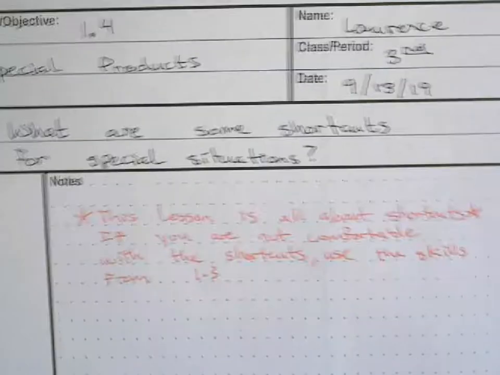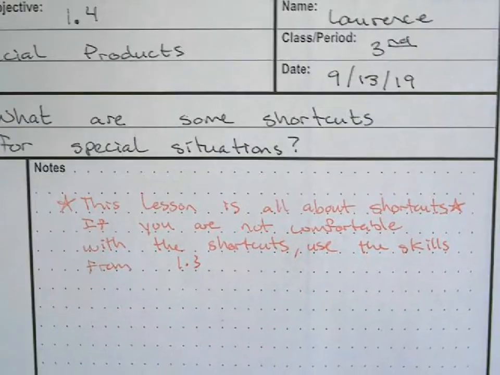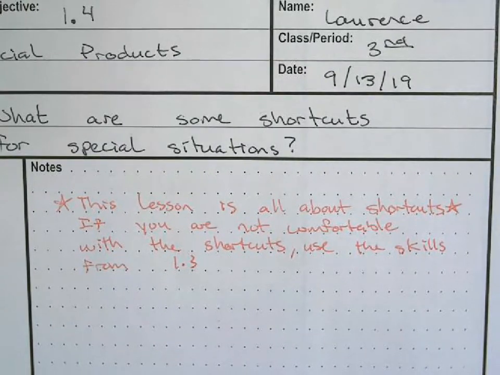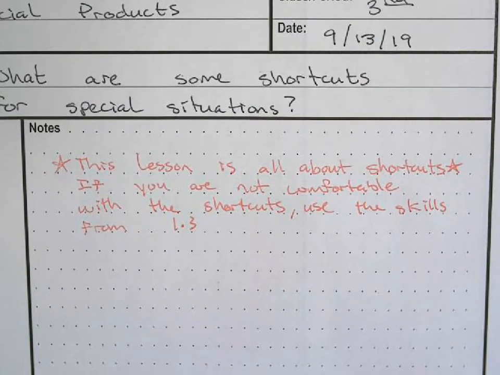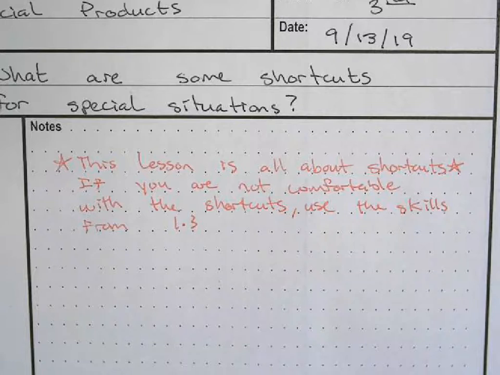So what I'm getting at is you don't have to use these shortcuts. You can always write things out, take your time, and do it the longer way. That way you only have one way memorized. But if you want to speed up the process, you can memorize these shortcuts, and then that will make it go by a little bit quicker.